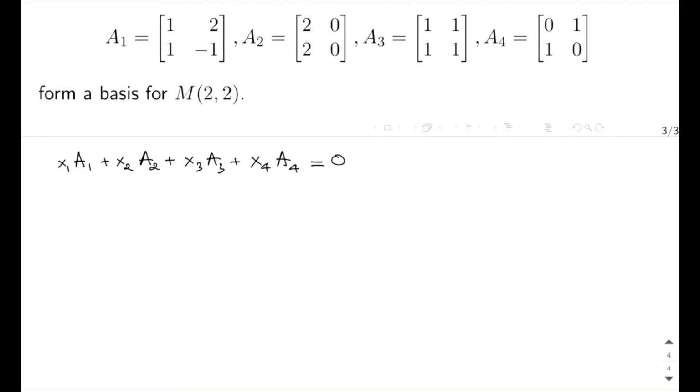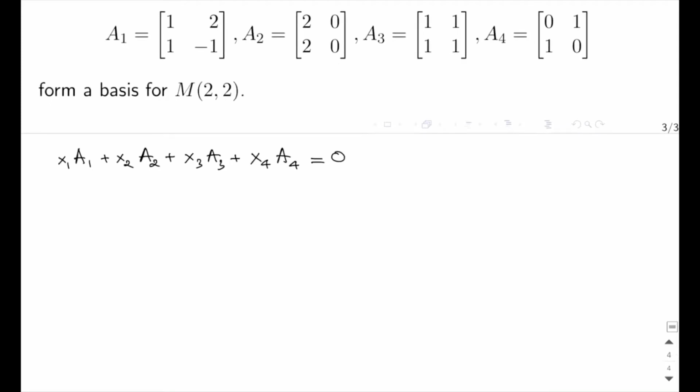So from the dependency equation, you are going to get a system of equations by multiplying x1 by a1, x2 by a2, x3 by a3, x4 by a4, adding them up and comparing with the vector 0, which is the 0 matrix here. Then you will have a system of equations. On the right hand side, you will get equals to 0.